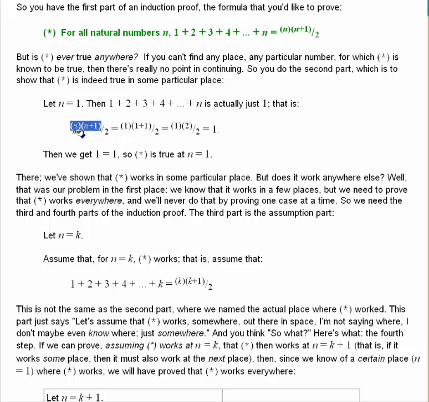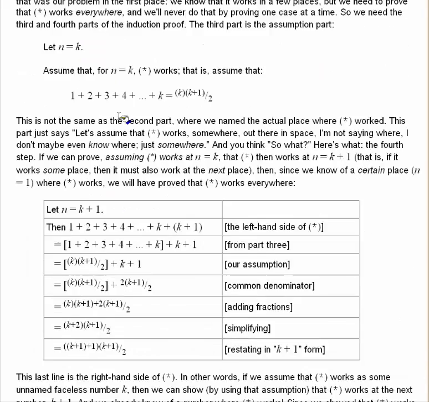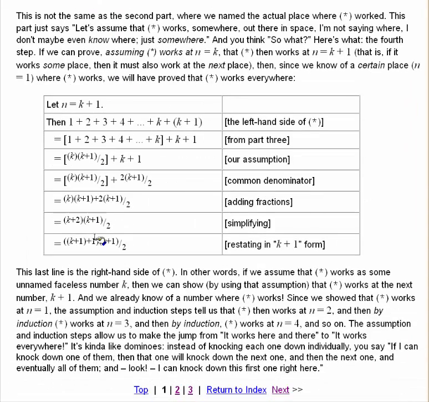Replace n with k plus 1. What do you get? Here you get k plus 1. Here you're going to get k plus 1 plus 1. That's k plus 2. So if I replace n with k plus 1 in this formula, I get exactly this formula. What does that mean? That means that I've proven my formula star for n equal to k plus 1. And that's exactly what I wanted to prove. I wanted to prove that if I assume it's true for k, it will also be true for k plus 1.